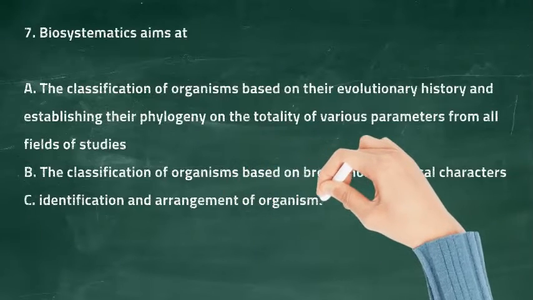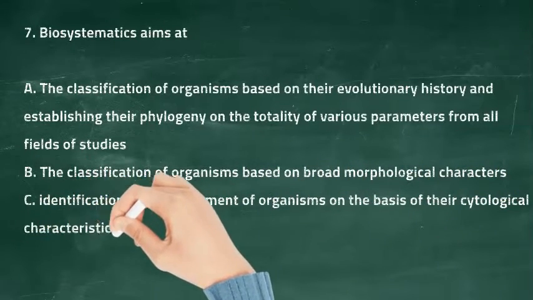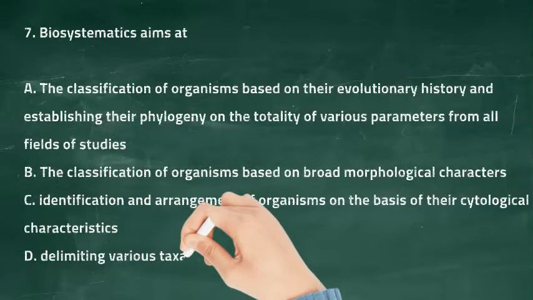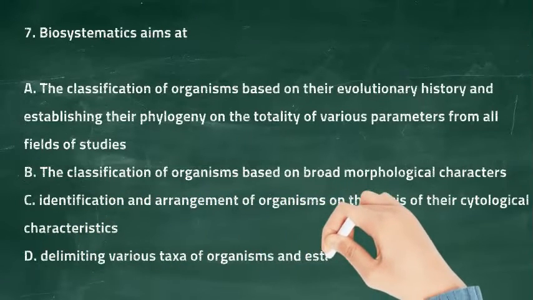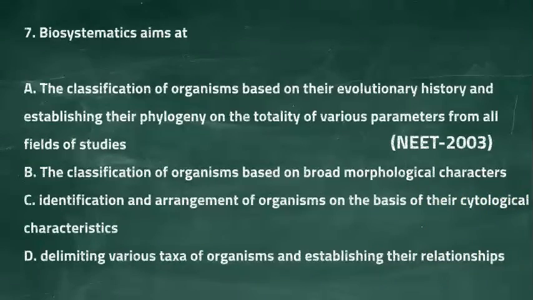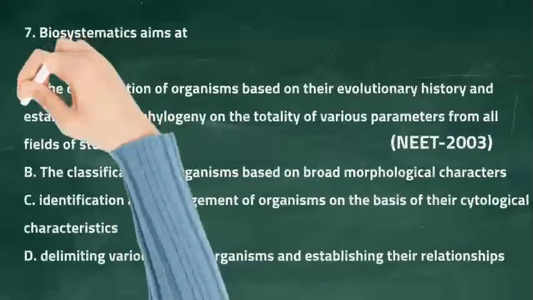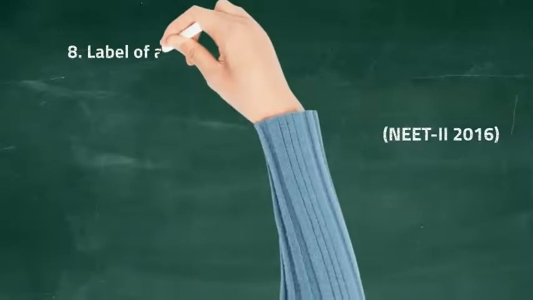And option D: delimiting various taxa of organisms and establishing their relationships. The right answer is option A. The classification of organisms based on their evolutionary history and establishing their phylogeny on the totality of various parameters from all fields of studies.